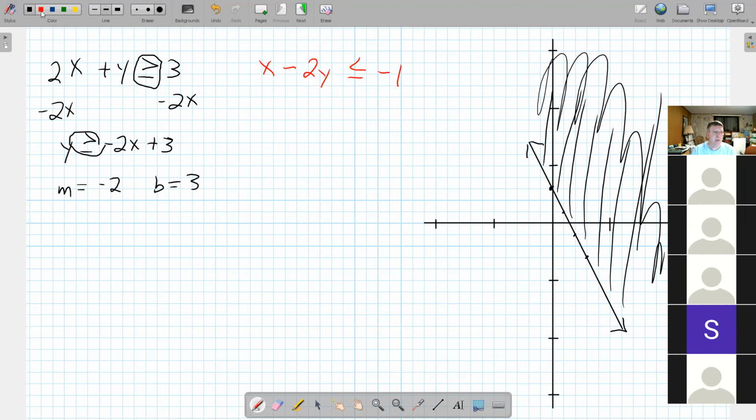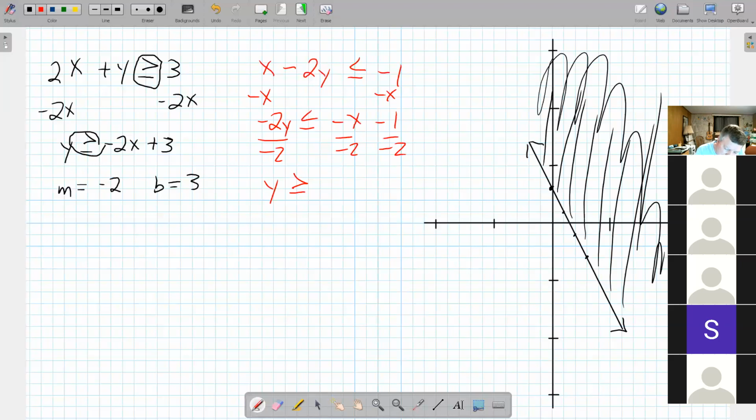All right, now I'm going to go back and do the same thing with the red inequality. I'm going to solve it for y. So I'm going to subtract x from both sides. -2y less than or equal to -x minus 1. I'm going to divide each term on both sides of the inequality by a -2. So now I get y. Oh, I divided by a negative, so change the direction of the inequality sign.